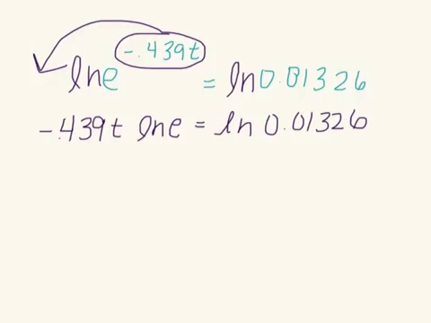Remember, ln of e is 1. Anything times 1 is what you started with. So since ln of e is 1, we don't have to worry about that. We just need to divide both sides by negative 0.439.